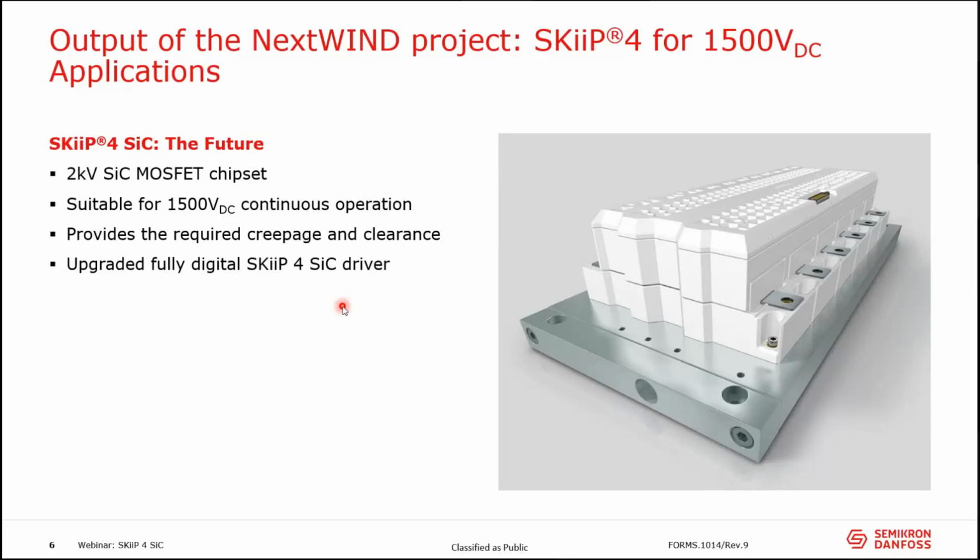All the required creepage and clearance distances are available in this package. And we have a fully digital SKiiP 4 driver that is suitable to control SiC chips, and also has the previous functions that we had with the SKiiP 4, like CAN open interface and other control possibilities that make the implementation of the control algorithms for customers much easier.